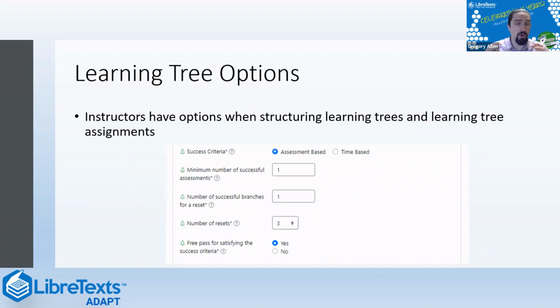I showed how you can manipulate homework sets or questions. Now I want to think about the options you have in these learning trees, and here we have, again, more options. When can a student go back and reattempt the root question? Essentially, a student can go back to the root once they've completed a certain number of assessments or branches.